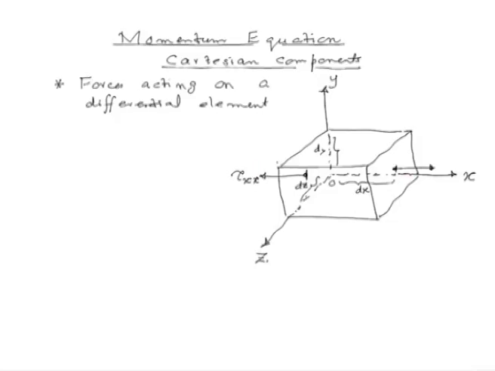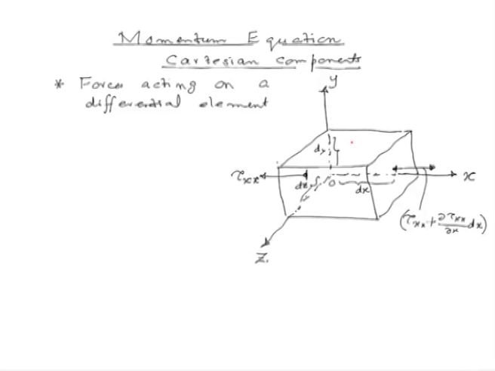With reference to the origin, this tau x x component acting on the positive x face can be denoted by Taylor series expansion. This can be written as tau x x plus del tau x x over del x dx. If we want to find the force on these faces, we need to multiply by the respective areas. We will do that later.